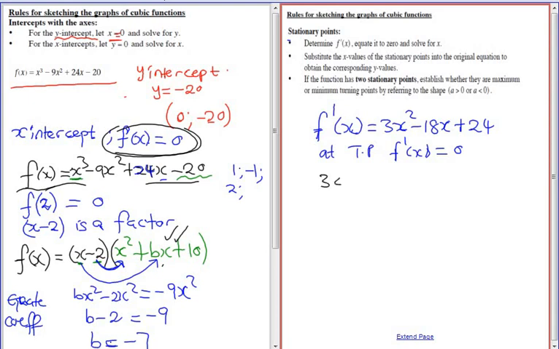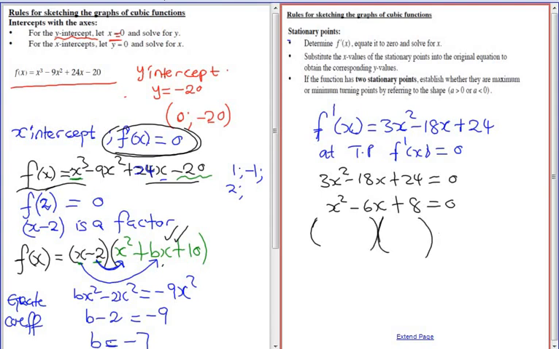So what you have to solve now is this equation. That's what you solve. Simple. And notice, 3 is a factor here, isn't it? So go ahead and divide by 3. You should get x squared minus 6x plus 8 equal to 0. As you can see, factorizing this one is going to be child's play.